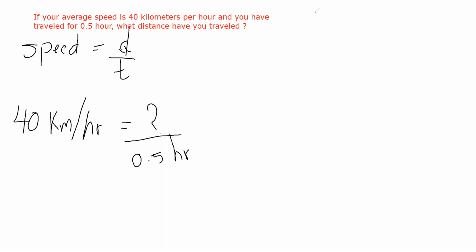Now, the second thing in physics that differentiates it from math is that you have to look at the units before multiplying. The unit is kilometer and hour, which means the distance must be in kilometer and the time must be in hour.